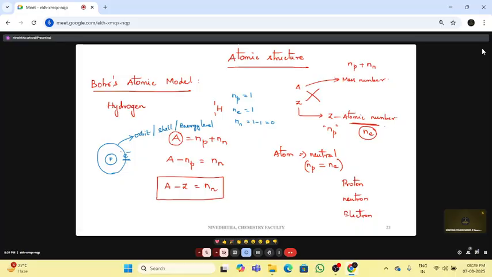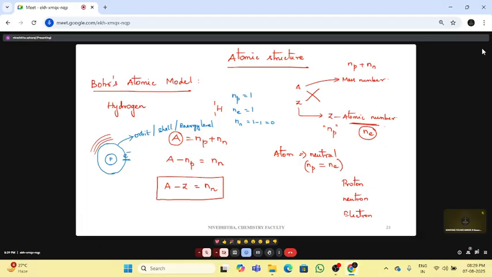According to Bohr, around the nucleus we have n number of energy levels. Not only one. All atoms contain n number of energy levels, but electrons are present only in particular energy levels. Hydrogen has only one electron, present in only one shell, and the rest of the shells are empty. Generally, atoms have an infinite number of energy levels.